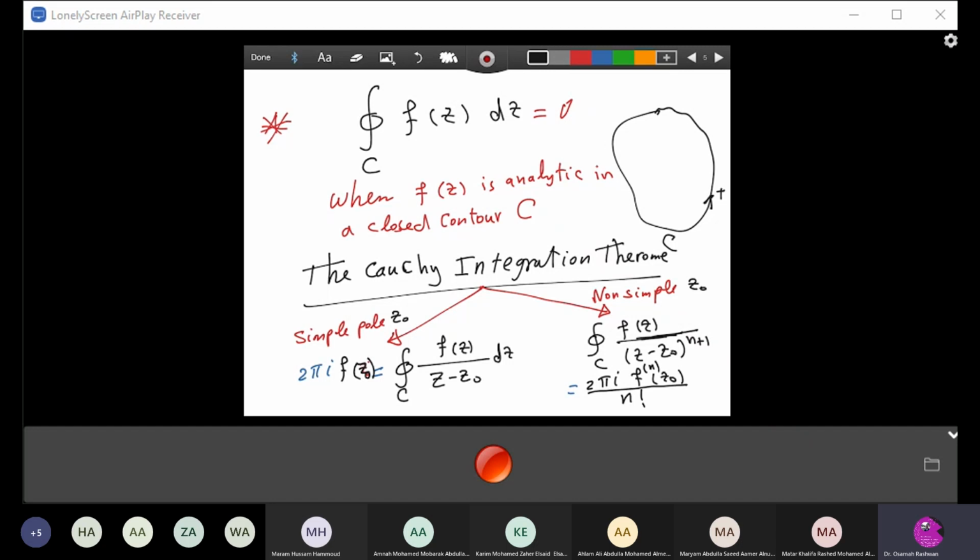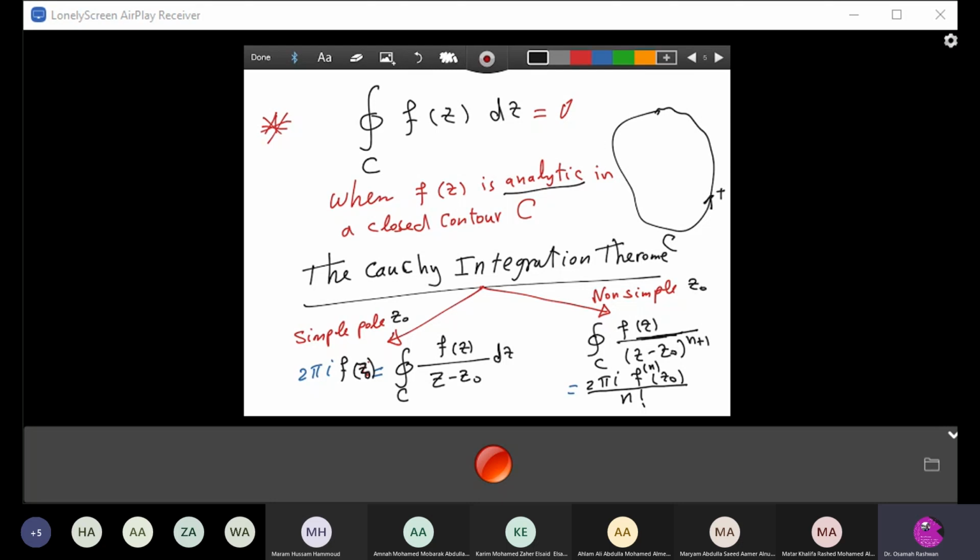Yes, I hear now. We don't care about the integration now. We are caring about what? Analytic function, right? This is why we started to study the analytic function, right?